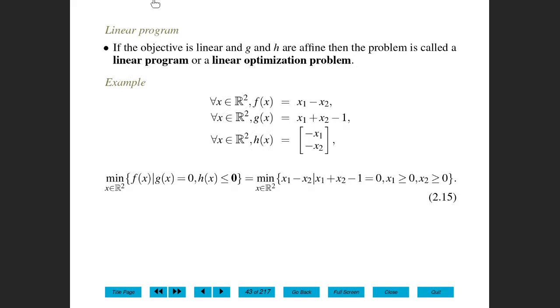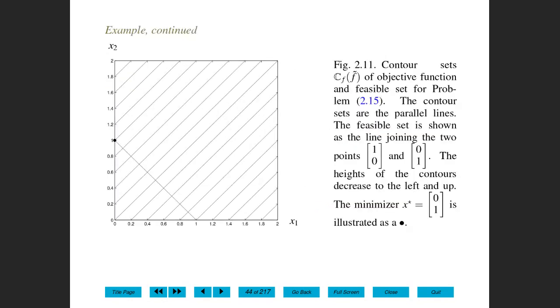We know that minus x1 and minus x2 are both less than or equal to 0. As soon as we multiply by minus 1, this becomes x1 greater than or equal to 0, and the same goes for x2. This means we are only focusing on the first quadrant.